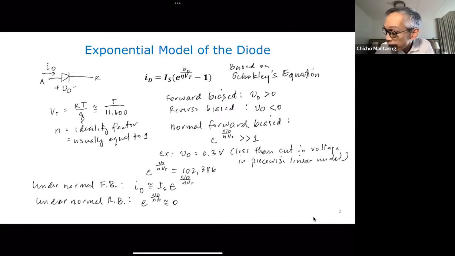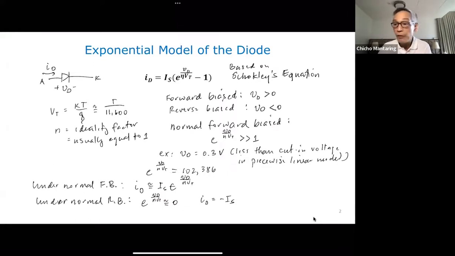You imagine a negative value of V sub D. Because kung reverse bias, that means itong V sub D is negative. If you try to compute this is going to be approximately equal to 0. And therefore, I sub D will just be minus I sub S.